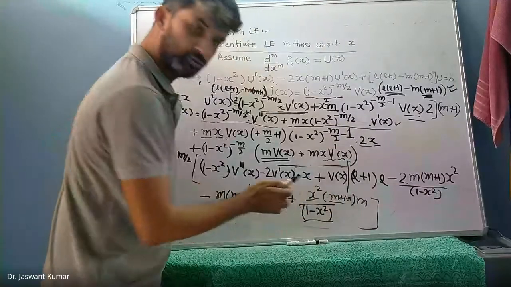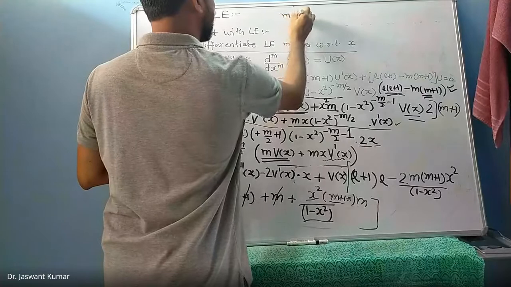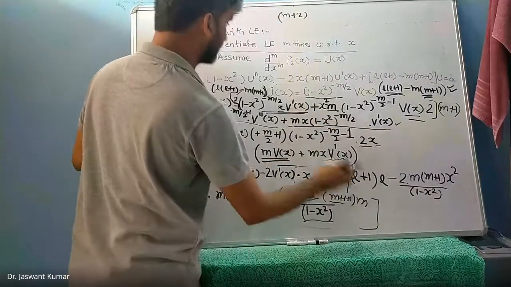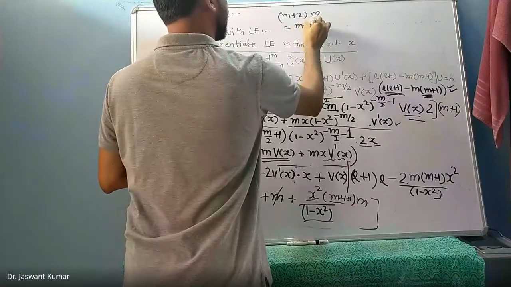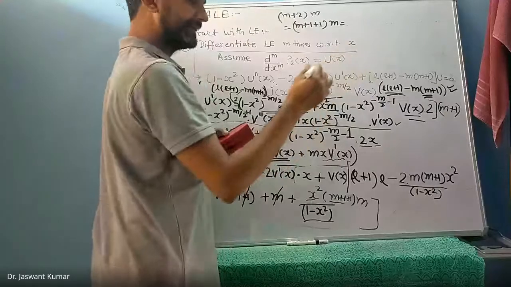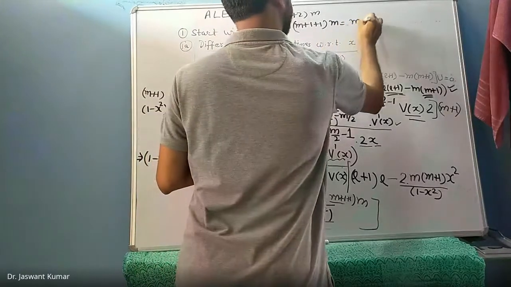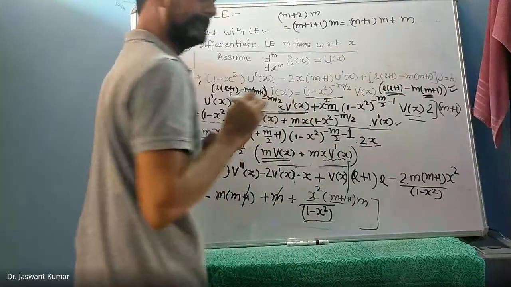The term was m plus 2 times m. I write it as m plus 1 plus 1 times m.